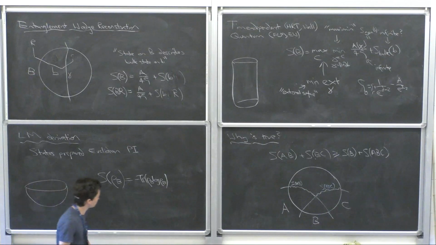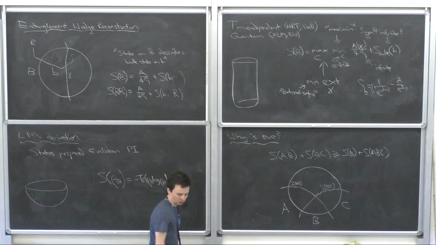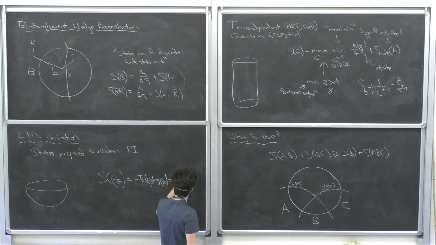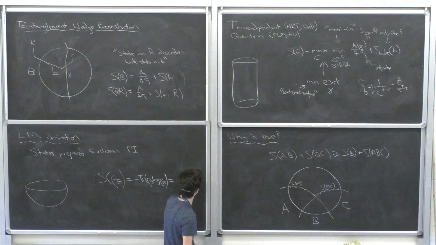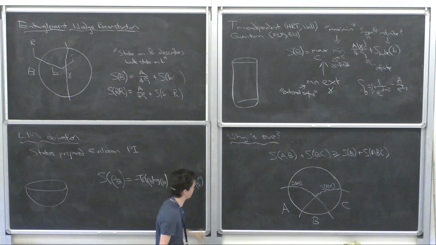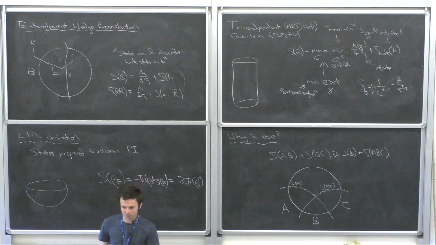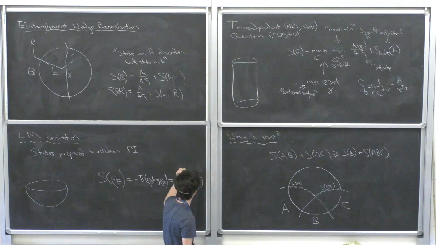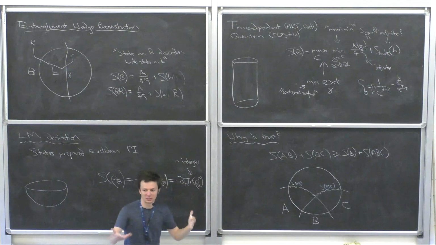Okay? But there's a nice trick called the replica trick, which is just to observe that this is equal to minus the derivative with respect to n of the trace of the reduced density matrix on B to the power n. Okay? It's going to turn out that at least for n integer, this thing is going to be relatively easy to compute.